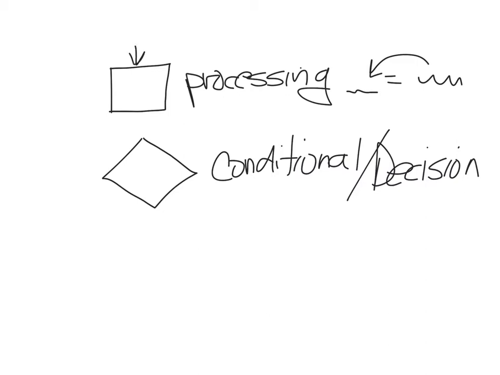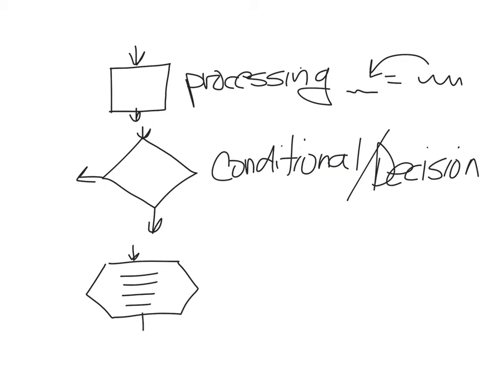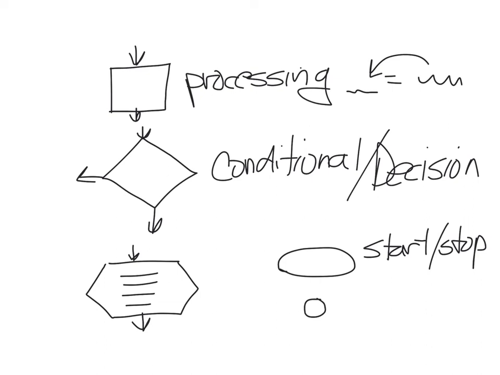Okay, for an example, one arrow in, one out; one arrow in, two arrows out, depending on how you want to draw it. We have initialization, in which we can set things ahead of time. One arrow in, one arrow out. Start and stop for an oval, or they call it a terminal, with a circle for a connector, and then we use a parallelogram for input or output.